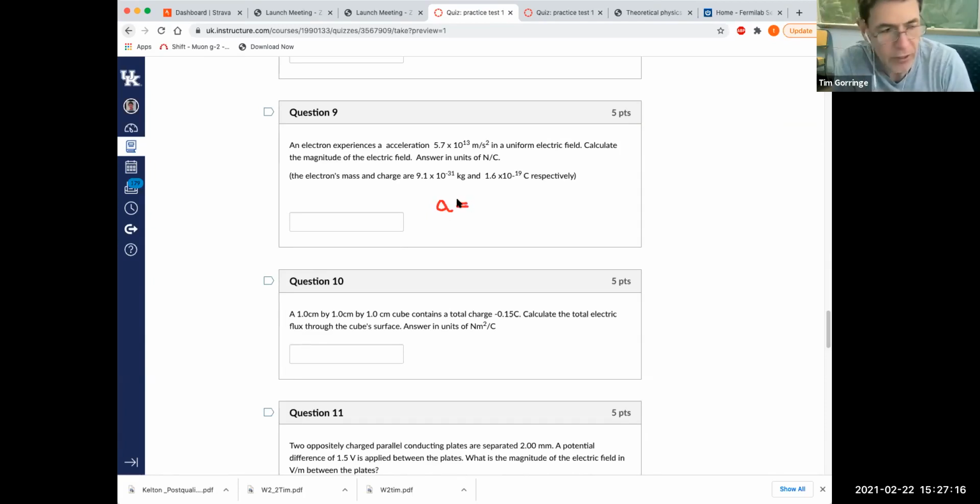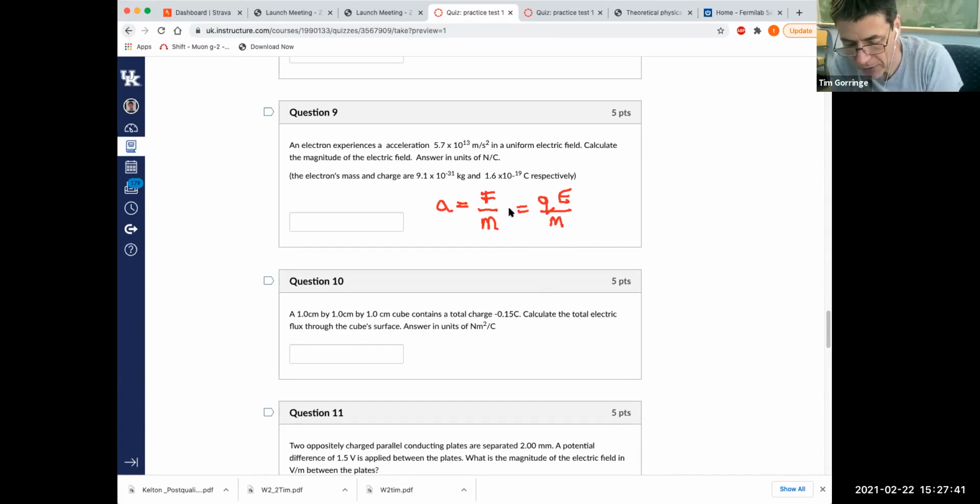The acceleration of an electron, or any object of any mass, is going to be the force acting on it divided by its mass. That's Newton's second law. The force acting on it in this case, because it's an electrical force, is the charge of the electron times the electrical field it's immersed in.